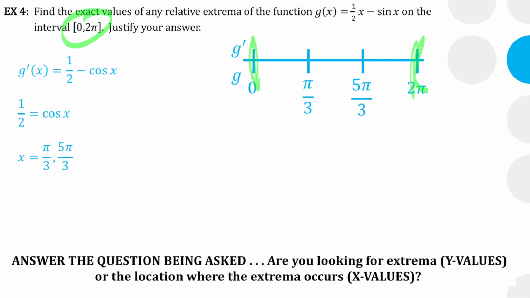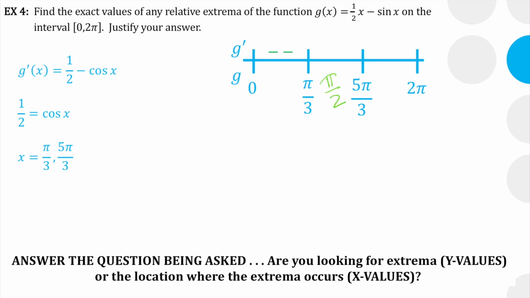Now we get to do our test cases. So between 0 and pi over 3, let's say there's a pi over 4 there. Let's plug that back in here. Cosine of pi over 4 is √2 over 2. So 1/2 minus that will give us a negative. Let's try pi over 2.